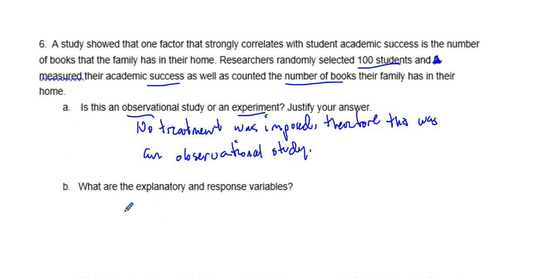The explanatory variable appears to be the number of books in the family's home. The larger the number of books, the better your grades are going to be.